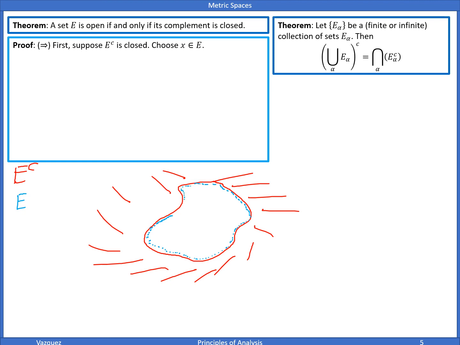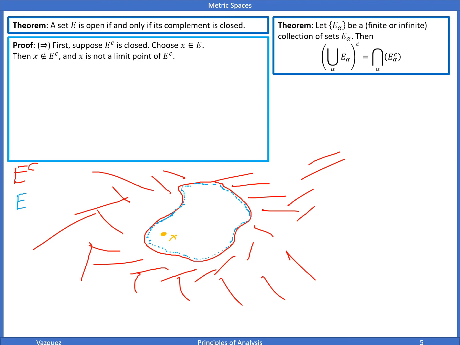Okay. So again, E complement is everything outside over here, and E is the inside. Okay, we're going to choose a point X in E. Let's choose this point, X. Well then X is definitely not in E complement.